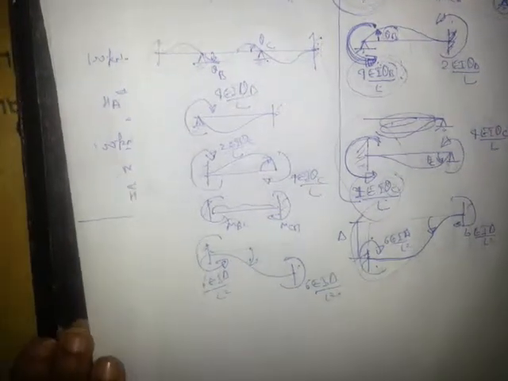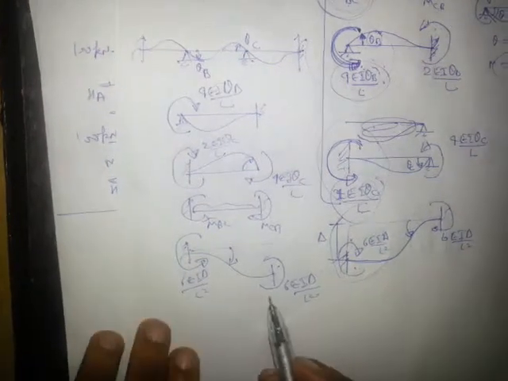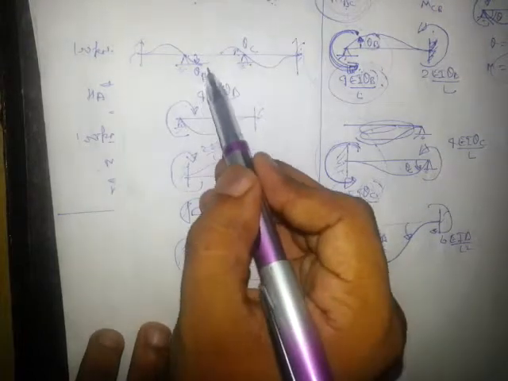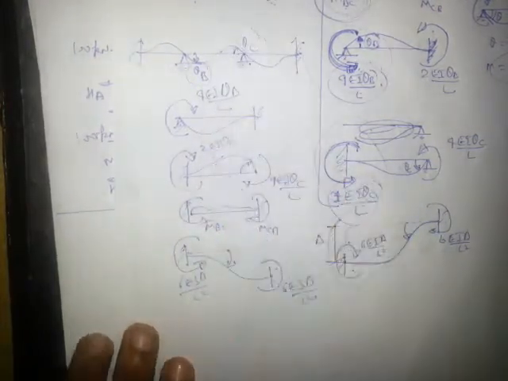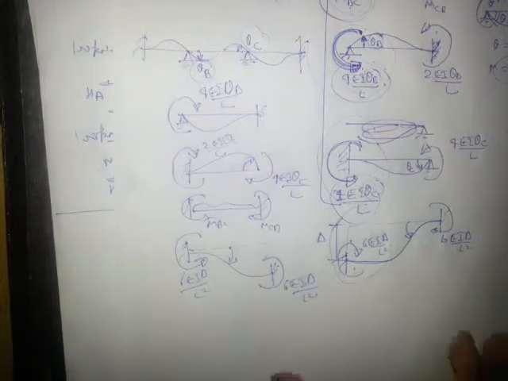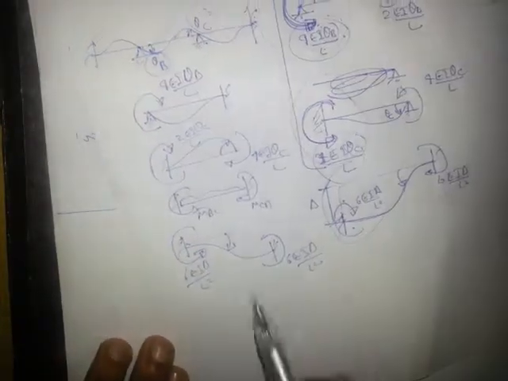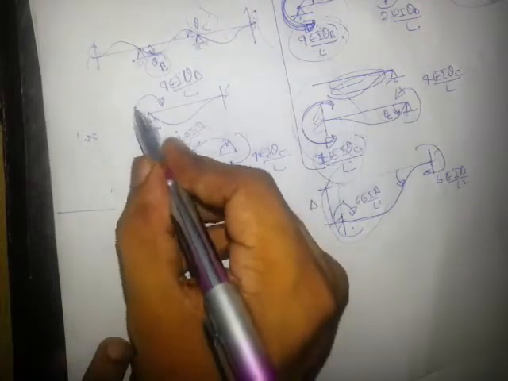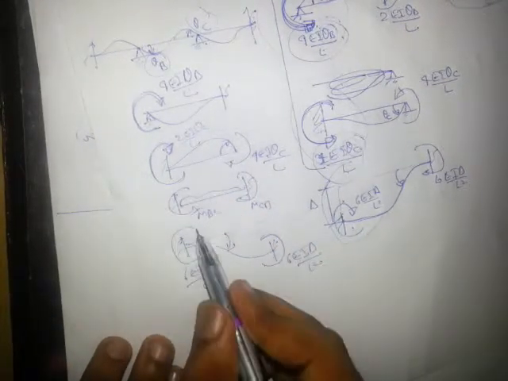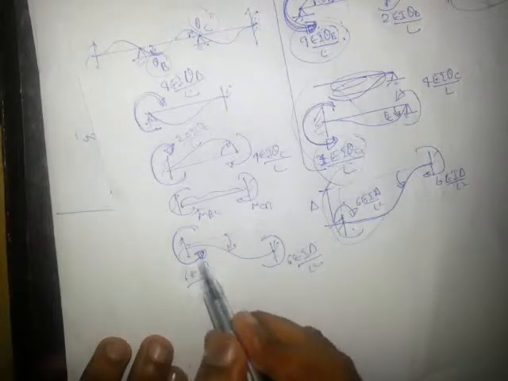However, these are not fixed, but the effect of fixity we have already taken in theta B and theta C, so now we can assume them as fixed. So the final end moment equation will be the addition of these four. Look, this is clockwise, clockwise is positive, this is clockwise, clockwise is positive, and this is anti-clockwise, this is negative.